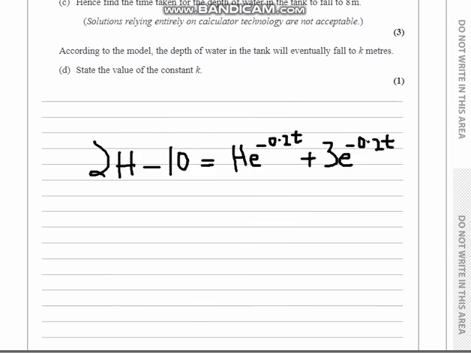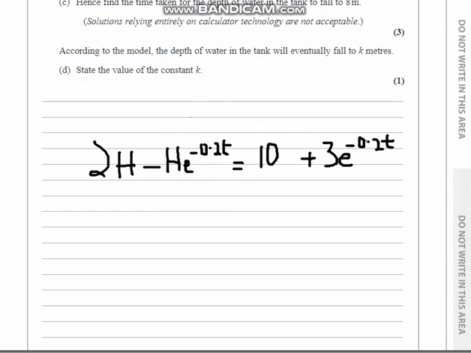There you go, I cross multiplied my earlier function, that was h minus 5 upon h plus 3. Just cross multiply and we get this function, 2h minus 10 equal to he to the power minus 0.2t plus 3e to the minus 0.2t. And now I'll take h to this side and bring 10 to the other side, that makes it positive.